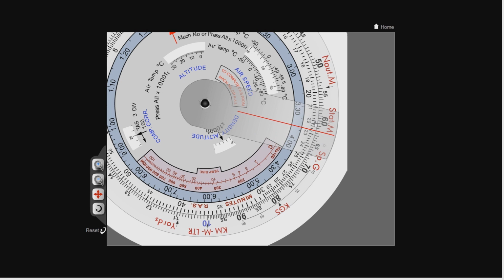And we get about 2.27. Now, I've actually done this calculation on a calculator prior to making this video, and if you do 3,658 divided by 1,609, you do indeed get 2.27 statute miles. So 2.27 statute miles, very, very accurate calculation from the CRP-5.